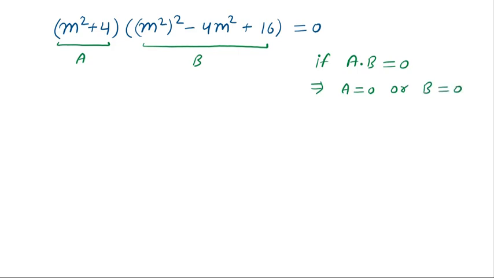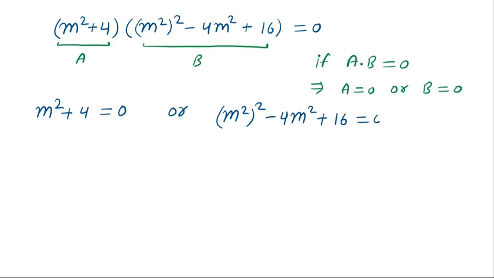According to this rule, we can write the left hand side, here a is equal to 0 and b is equal to 0, and we know that a is m square plus 4 is equal to 0, or here m square bracket square minus 4 m square plus 16 is equal to 0.